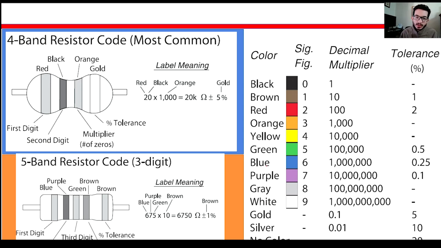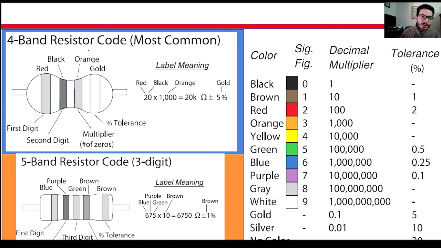This will be the color code table. And the multiplier is 1 for black, 10 for brown, 100 for red, all the way to white, which is 1 billion. And the tolerance is also related to the color.